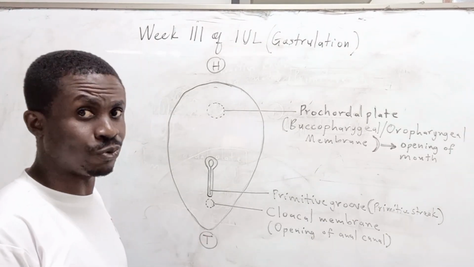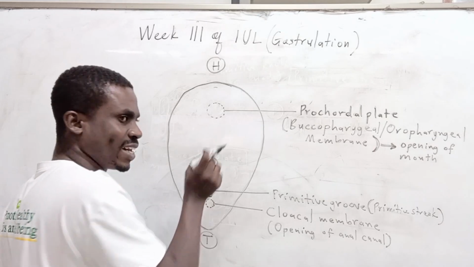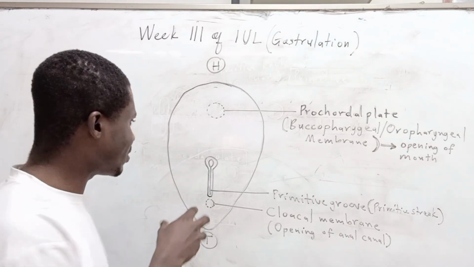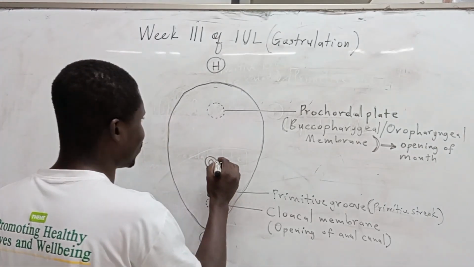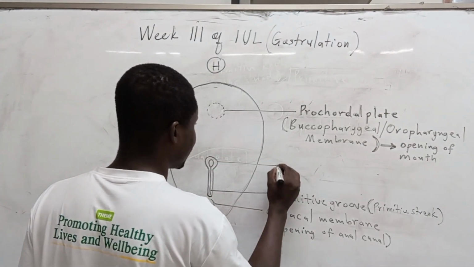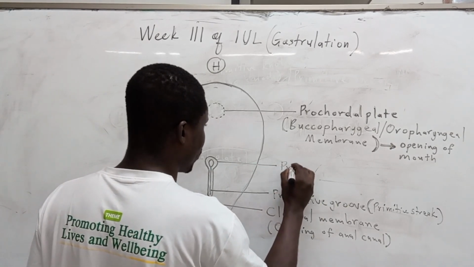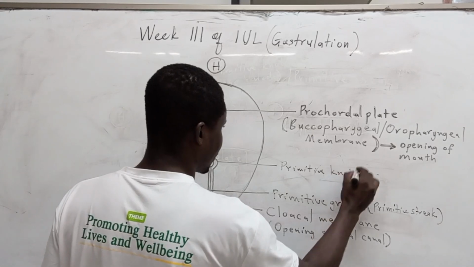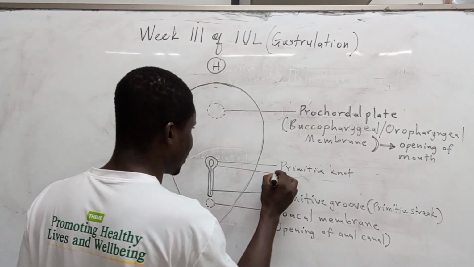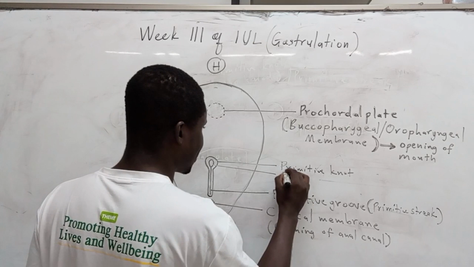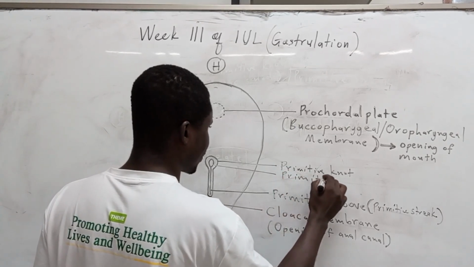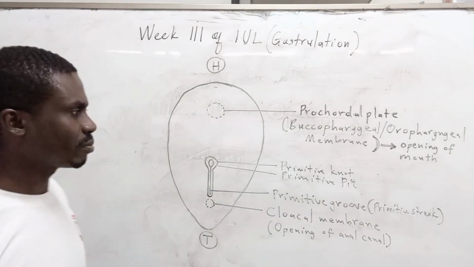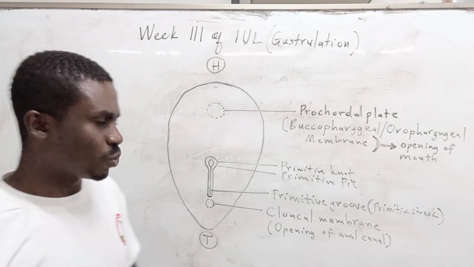And then also I told you that getting to the cranial end, there will be that kind of nodular mass over there. And my friends, that nodular mass is that thing that we call Hensen's node, or primitive knot, which will contain the primitive pit. Now that's what you see.